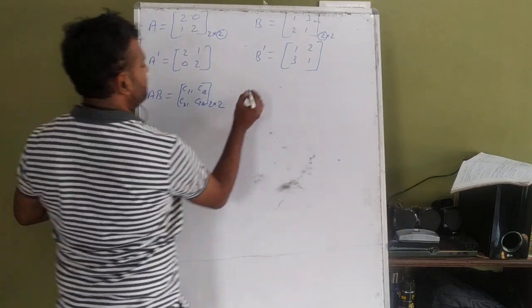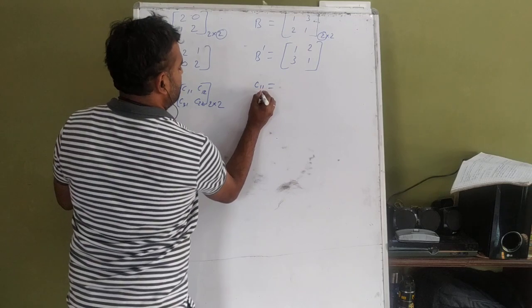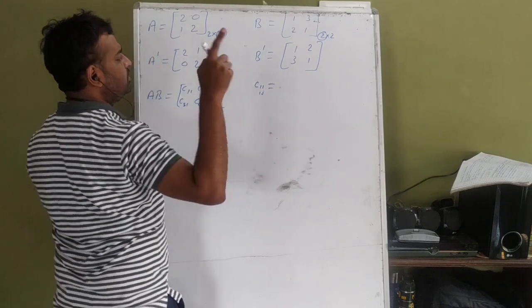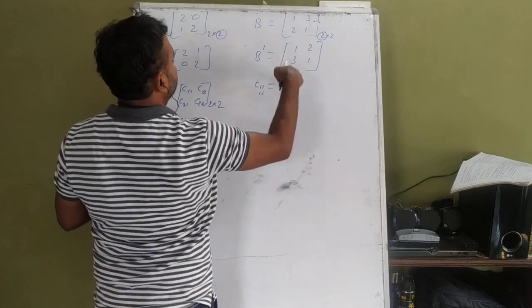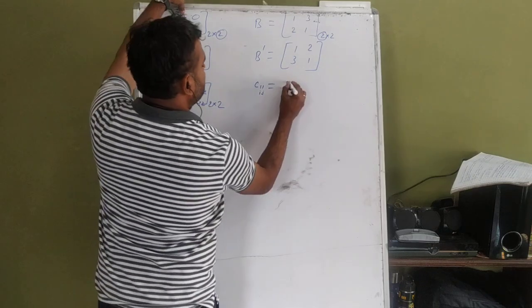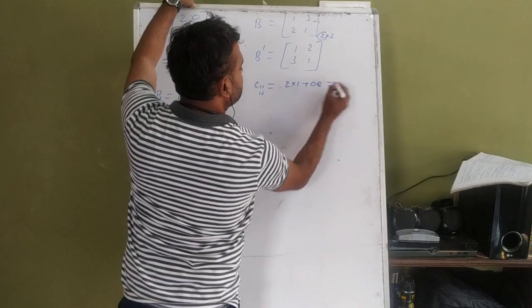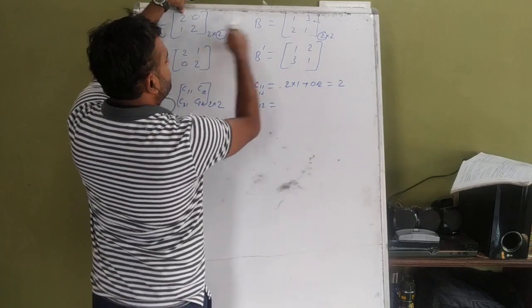For C_ij, i we take for the first and j for the second matrix. It means the first row of the first matrix, first column of the second matrix. See, 2 into 1 plus 0 into 2, that is 2.